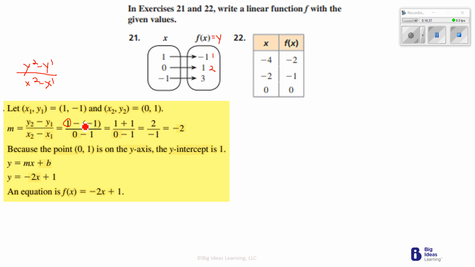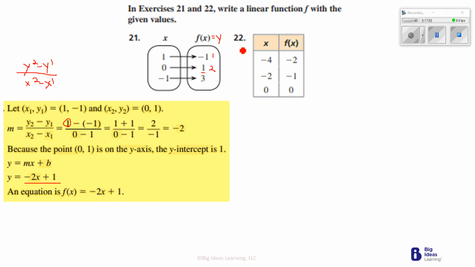And as you see, they followed negative times a negative is a positive, so it's 1 plus 1 equals 2. 0 minus 1 is still negative 1. And 2 over negative 1 gives us negative 2. So our slope is negative 2. Now we remember that when x is 0, y will be 1. So we'll have y equals negative 2x plus 1.